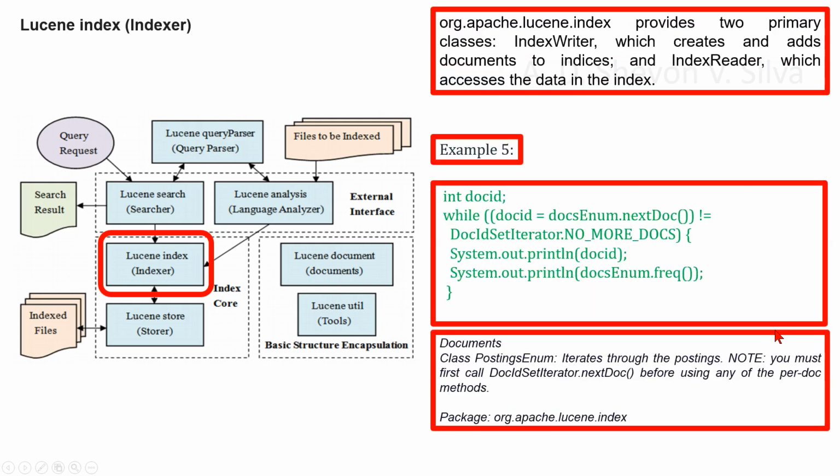Here with the documents, here you can see the class PostingsEnum is a variable that iterates through the postings. Note you must first call DocIdSetIterator.nextDoc before using any of the per-doc methods.